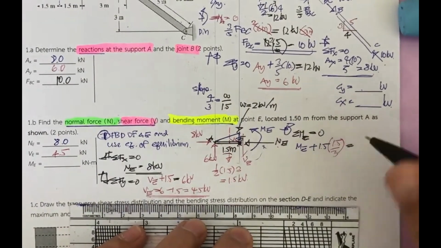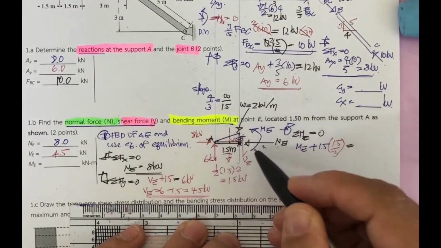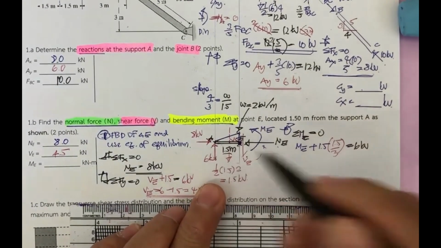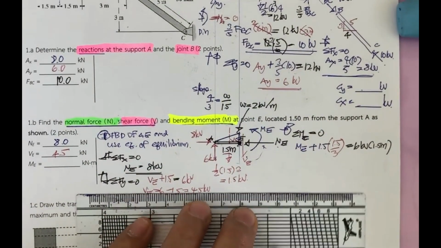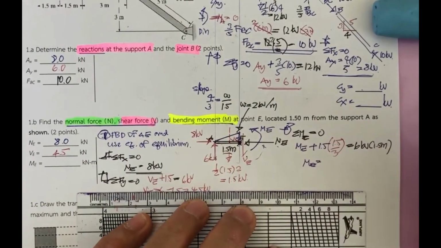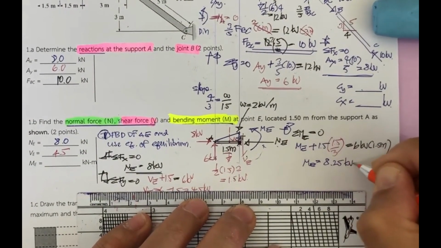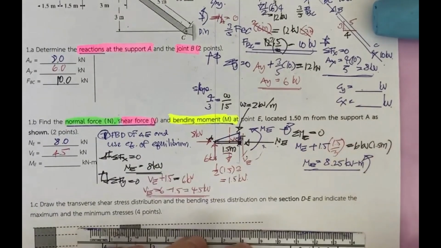And this is going to be balanced by this one, in the clockwise direction. So it's 6 kilonewton, and the distance is 1.5 meters. You put them into your calculator, and your M sub E can be determined easily as 8.25 kilonewton meter, and it is a positive moment.